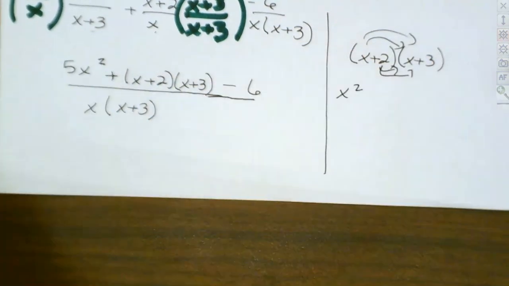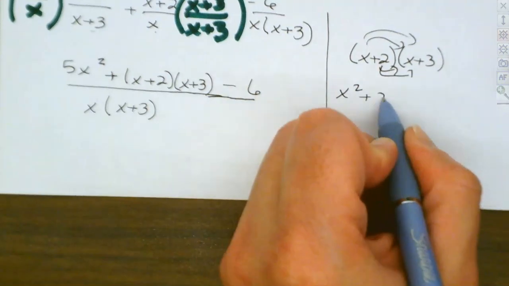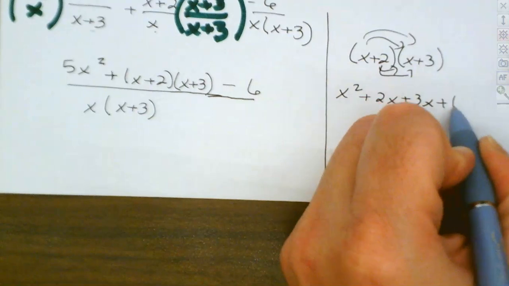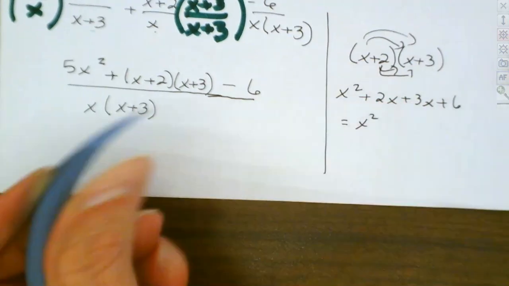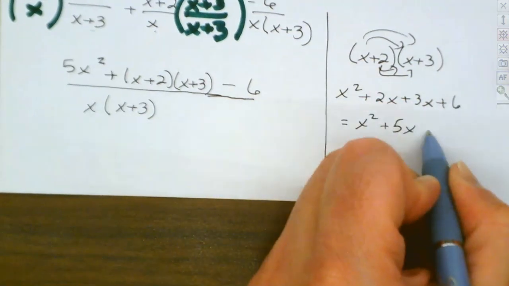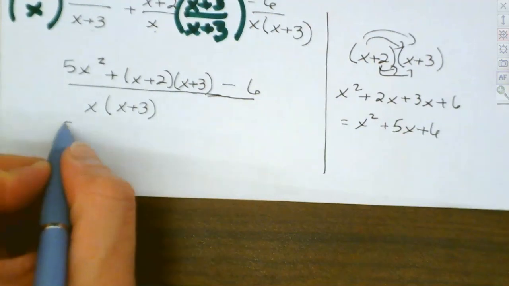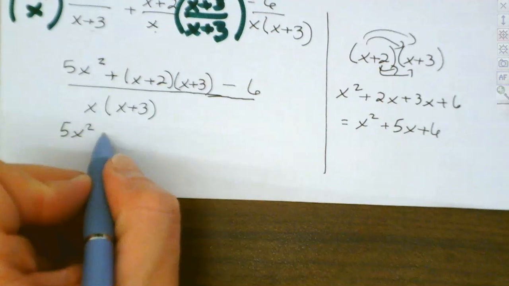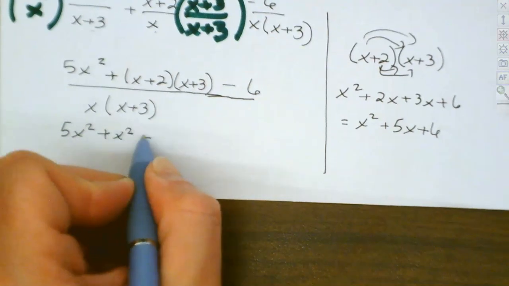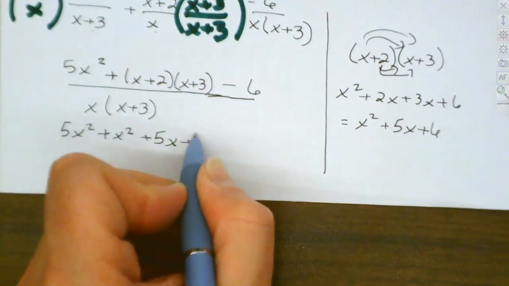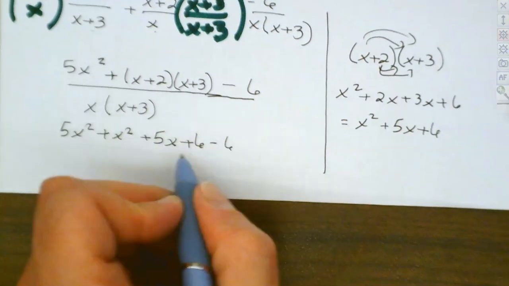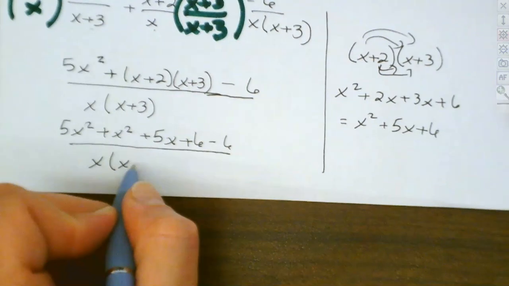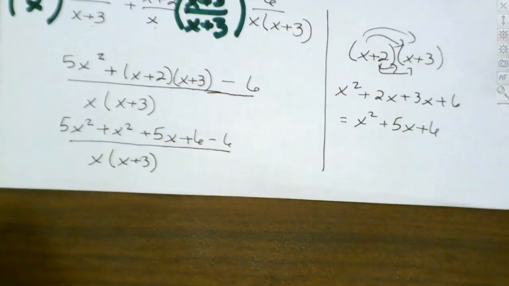So that is x squared plus 2x plus 3x plus 6, which is then x squared plus 5x plus 6. So that's what we've got.